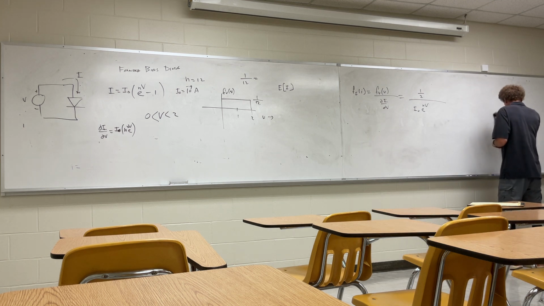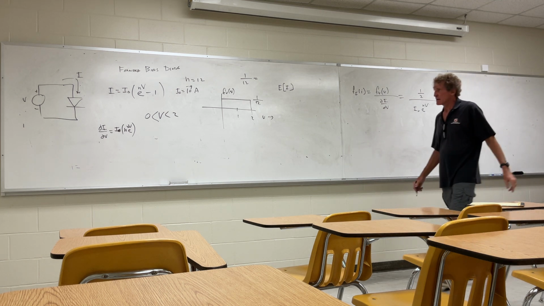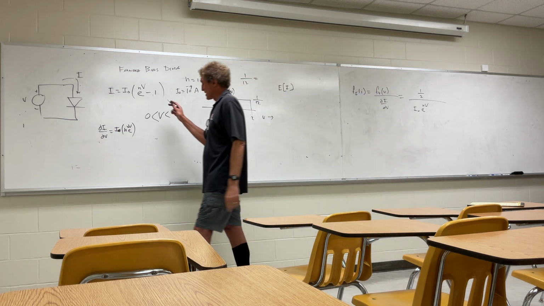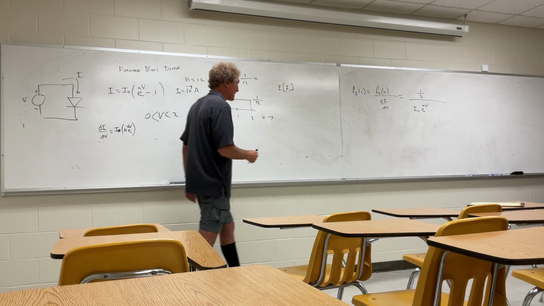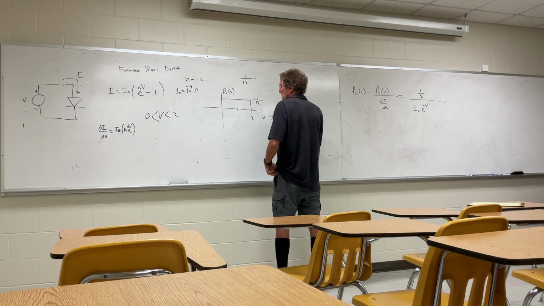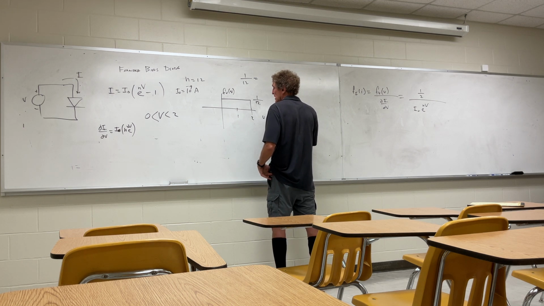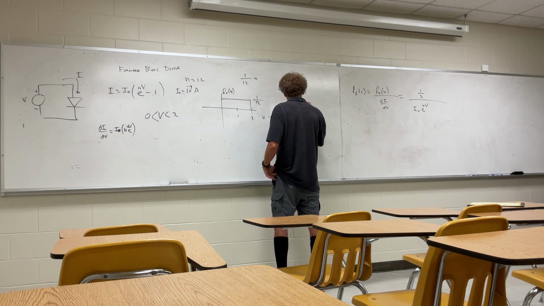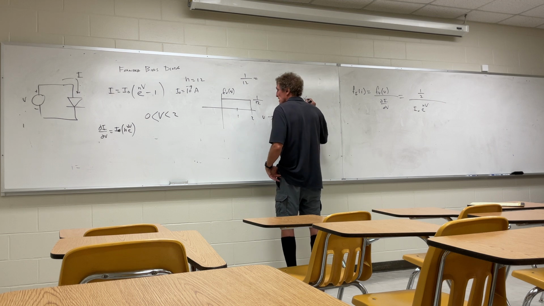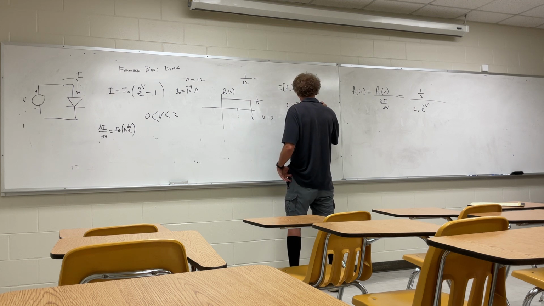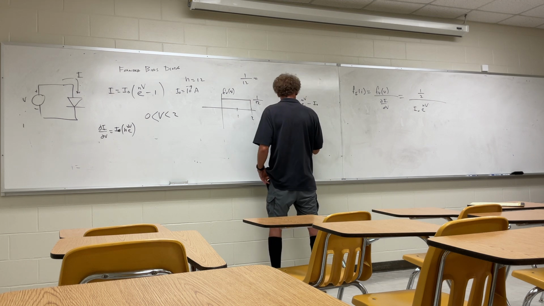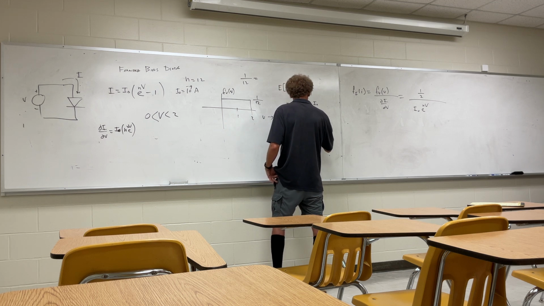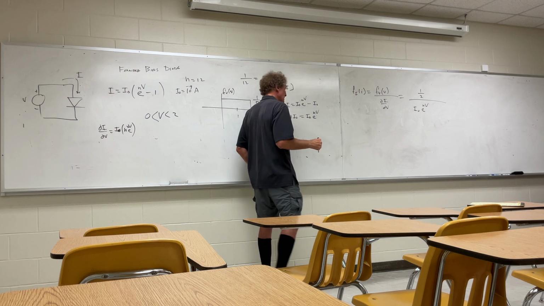So for this one, I is equal to I naught e to the nV, minus I naught, and so I have to take I plus I naught is equal to I naught e to the nV. Are you with me?